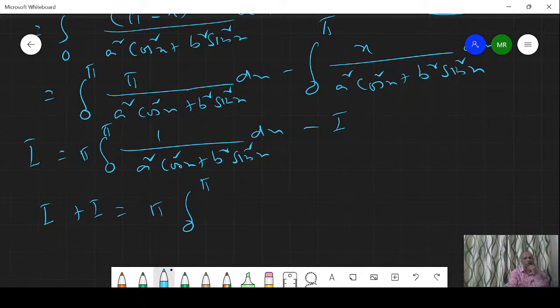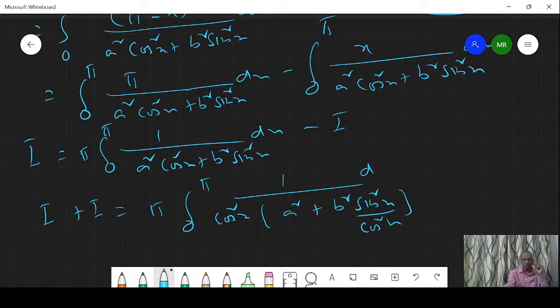Whenever you take cos square x common, it will become 1 by cos square x into a square plus b square sin square x by cos square x.